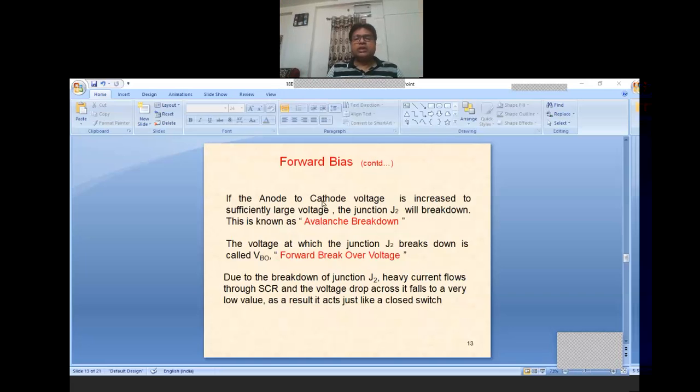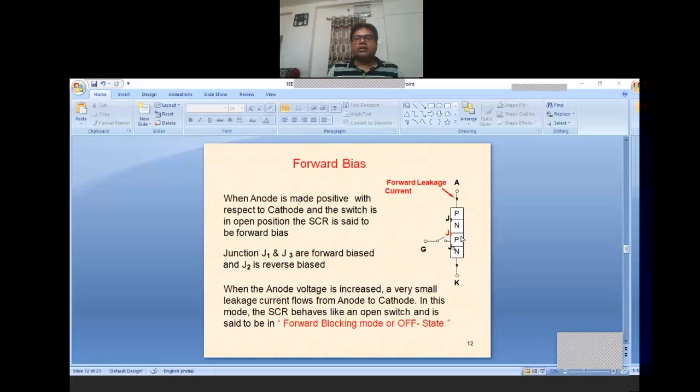Then, if the anode to cathode voltage or applied voltage is increased to a sufficiently large voltage, the junction J2 will break down. We have already discussed that with positive voltage between anode and cathode, which is going on increasing, junctions J1 and J3 will be forward biased, but the depletion region at J2 will go on increasing.